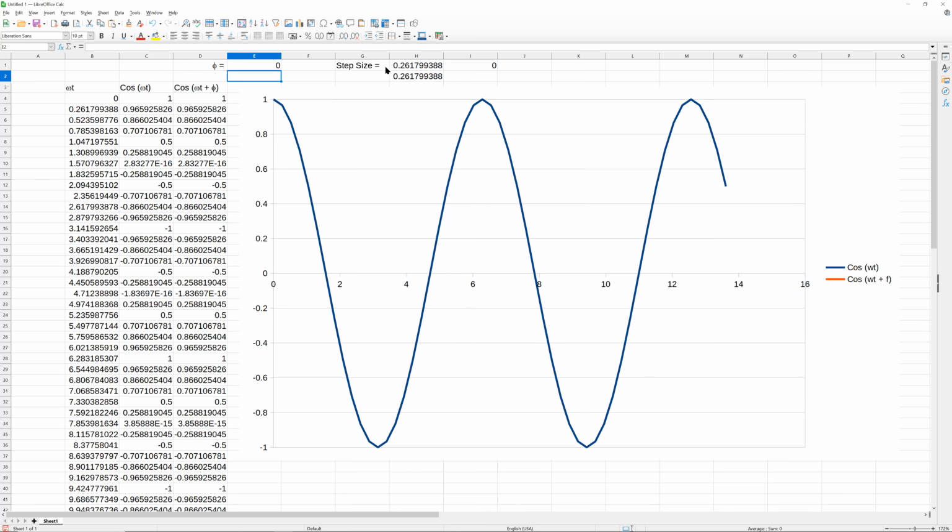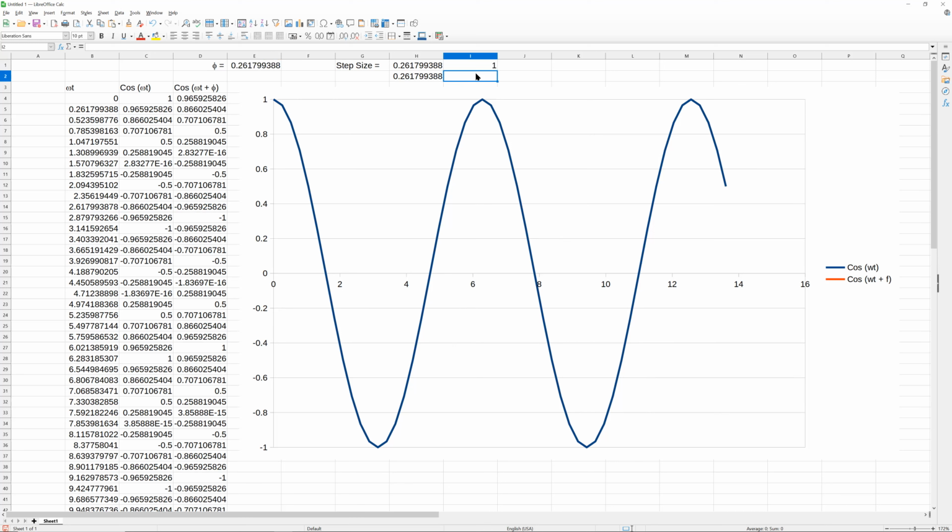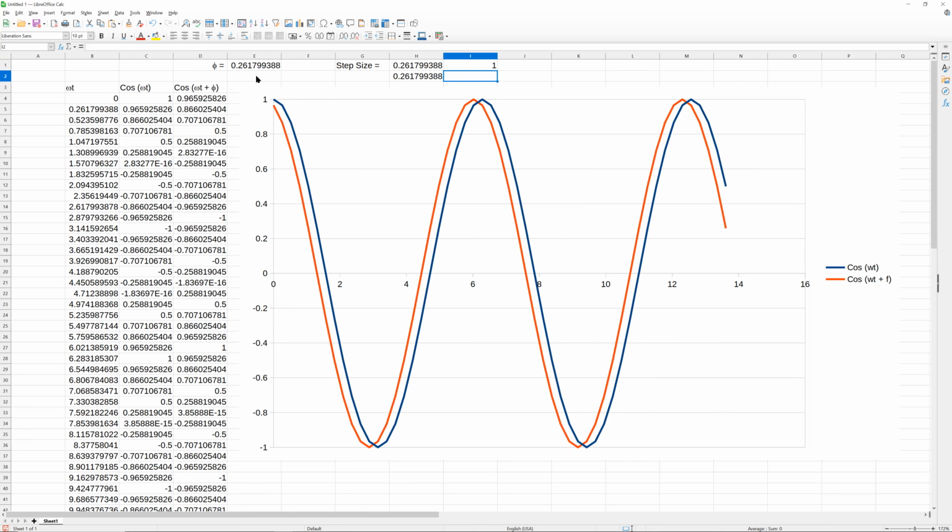All right, still get 0, but now I can do a 1 over here. Now it's got a phase constant of 1/12 of pi. And you can see the red graph has moved out from underneath the blue graph, but to the left this time. So a positive phase constant shifts it to the left.